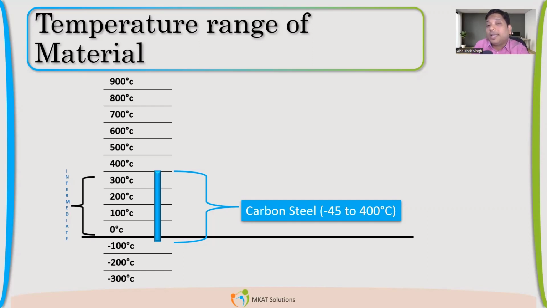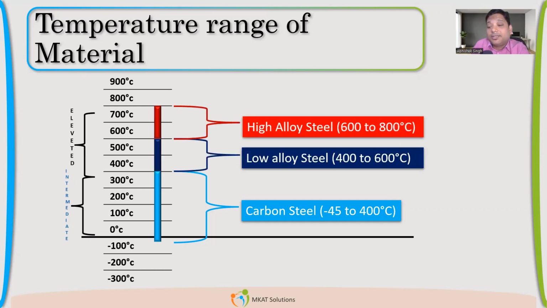Now, at higher temperature, like let us say 370, 380, 400, because we are not able to use low carbon steel, the next material which we use is low alloy steel. It is meant for the temperature range between low carbon steel and high alloy, 400 to 600.